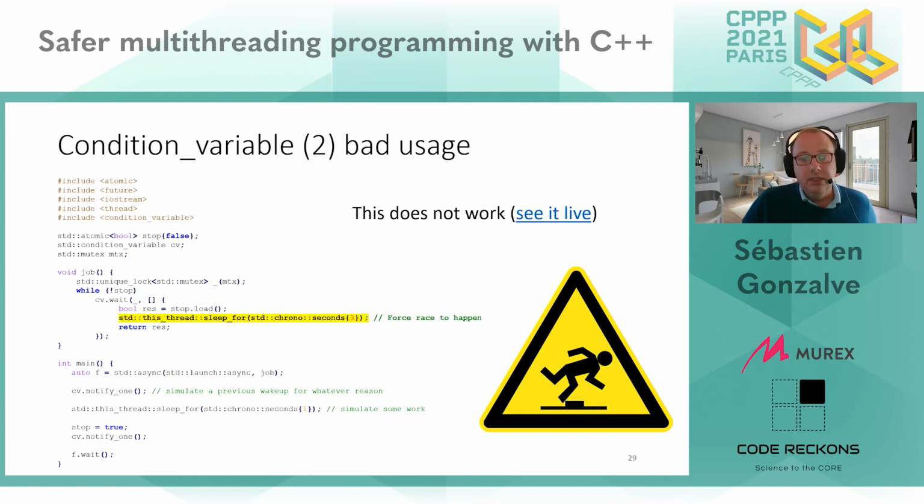You may see the race by adding this simple line here, a sleep in the evaluation of the predicate. What's happening here is this notification triggers the evaluation of the predicate, but the predicate is taking a long time now.